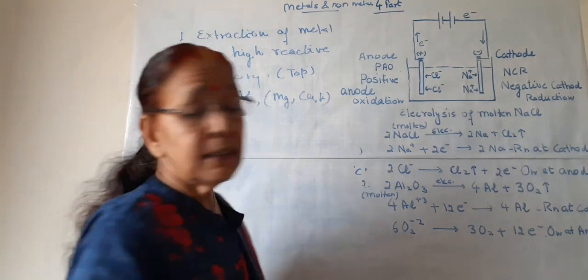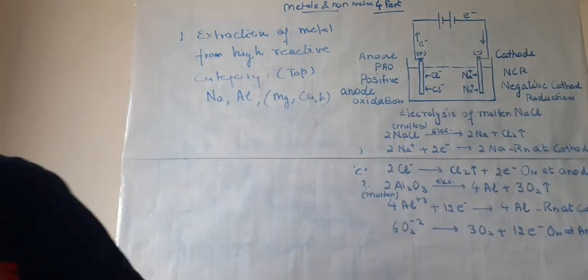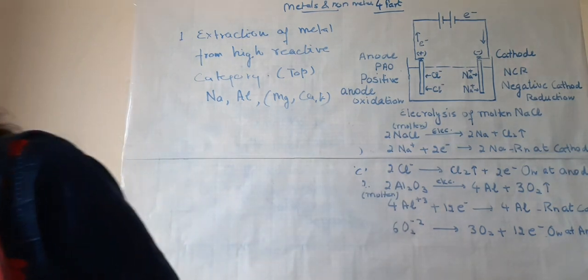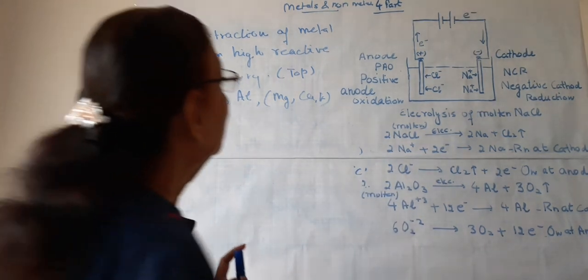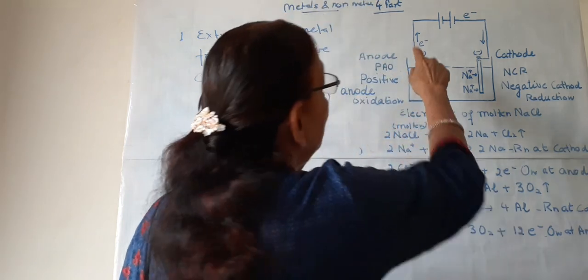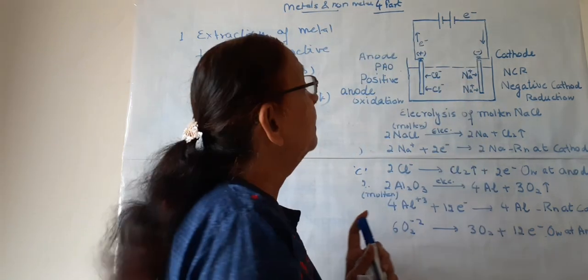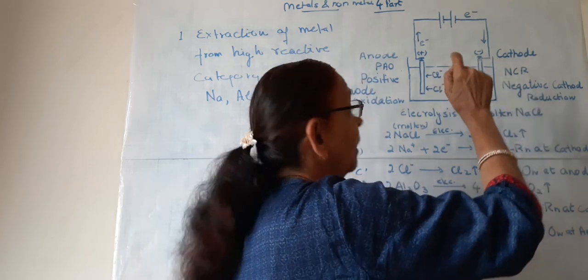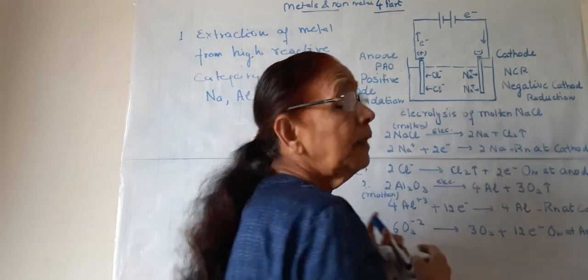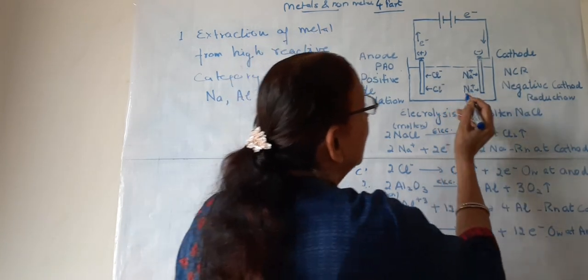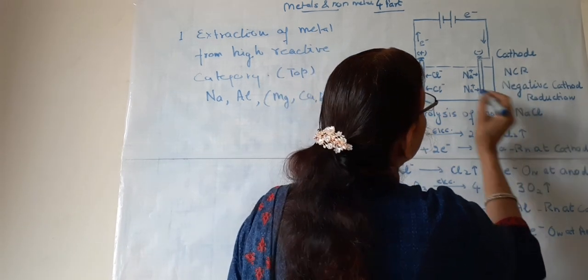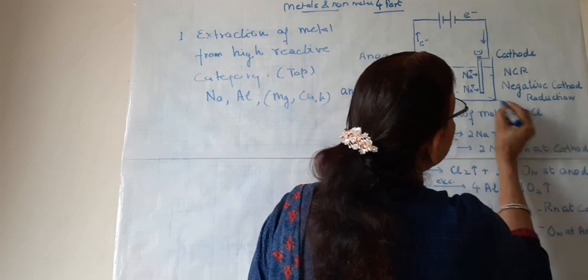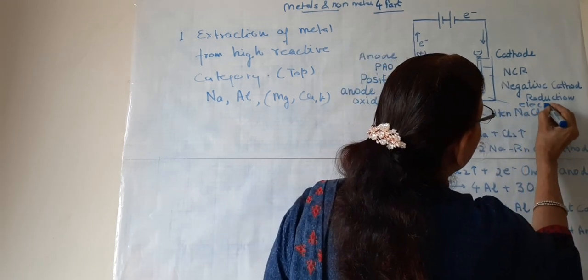So this is the electrolytic cell, all of you know. Now you know what is an electrolytic cell. This is a container. In this container, electrolyte is there. So the solution which is filled here is known as electrolyte.